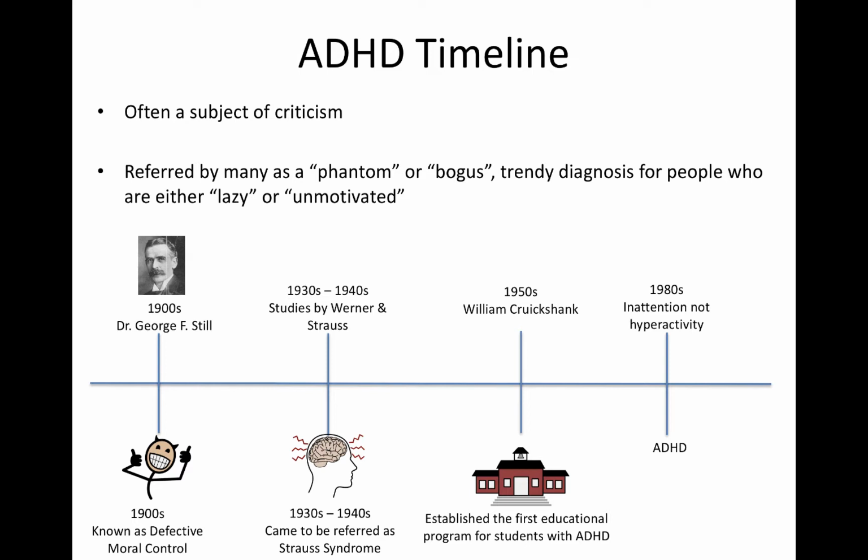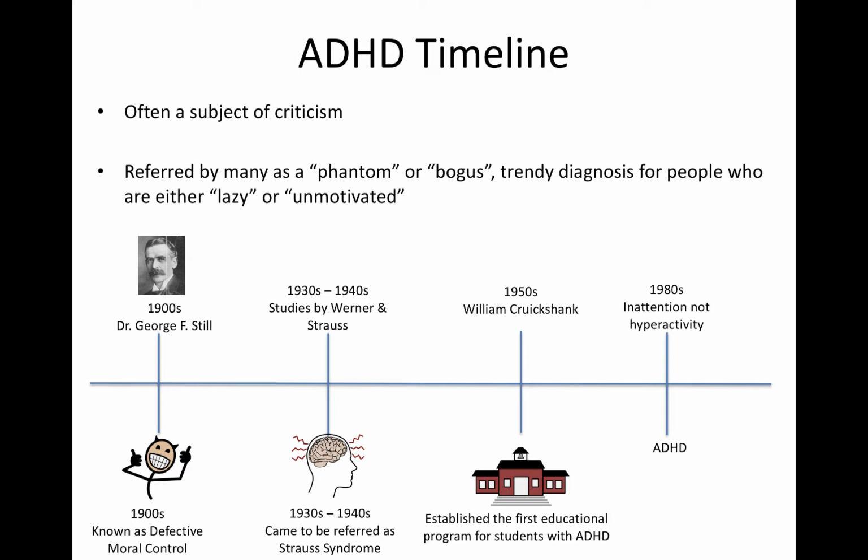Between the 1930s and 1940s, there were studies by Werner and Strauss, and they didn't really add much more research to it, but it slowly did turn into being known as Strauss syndrome. From there, we have William Cruikshank, who in the 1950s established the first school for students with ADHD and ADD.